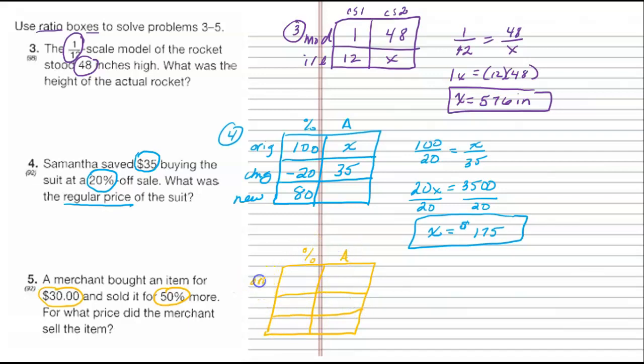So the merchant bought the item for $30 and he sold it for 50% more. For what price did he sell it? So my x is going to go there. So my proportion looks like this. 100 over 150 is equal to 30 over x.